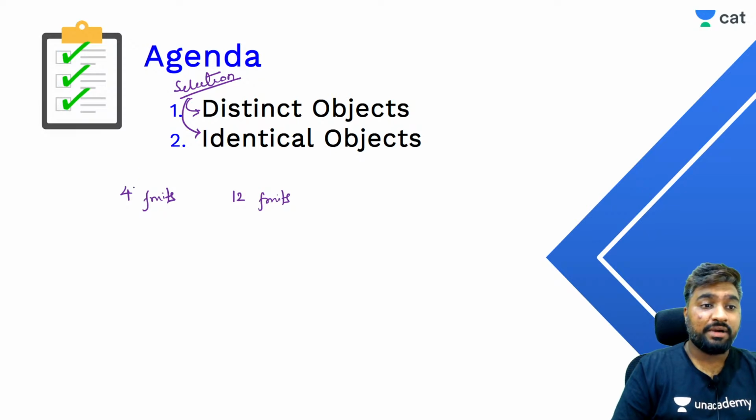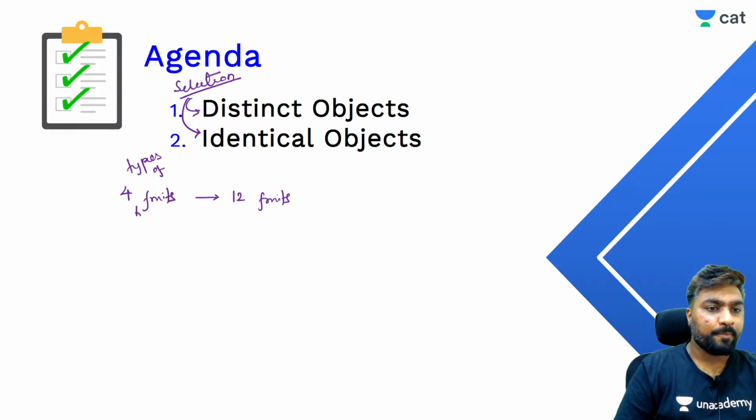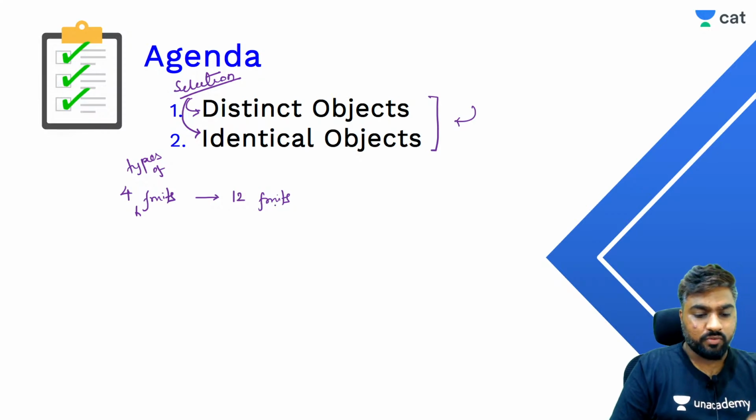It's not. But if I say there are 4 types of fruits, out of which 12 fruits need to be selected, that is what happens in distinct and identical objects. So we'll be seeing such examples, how to use what, when.